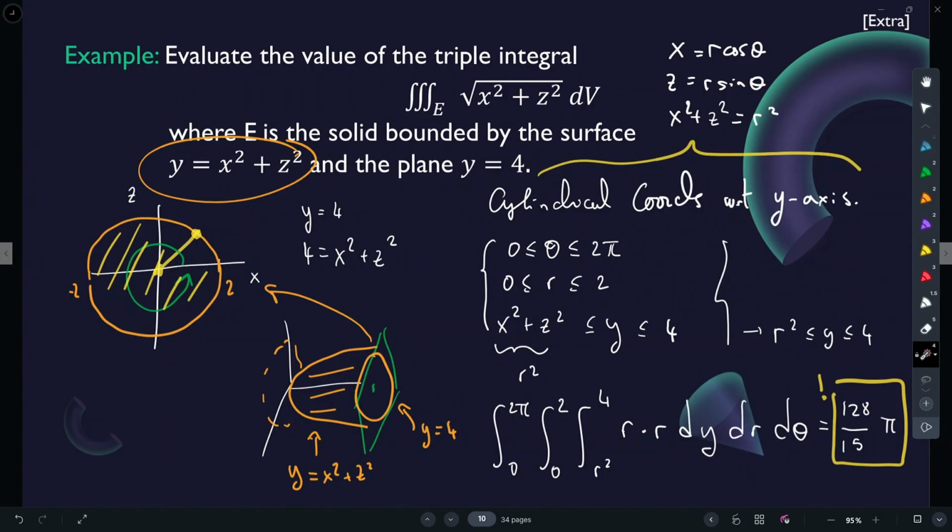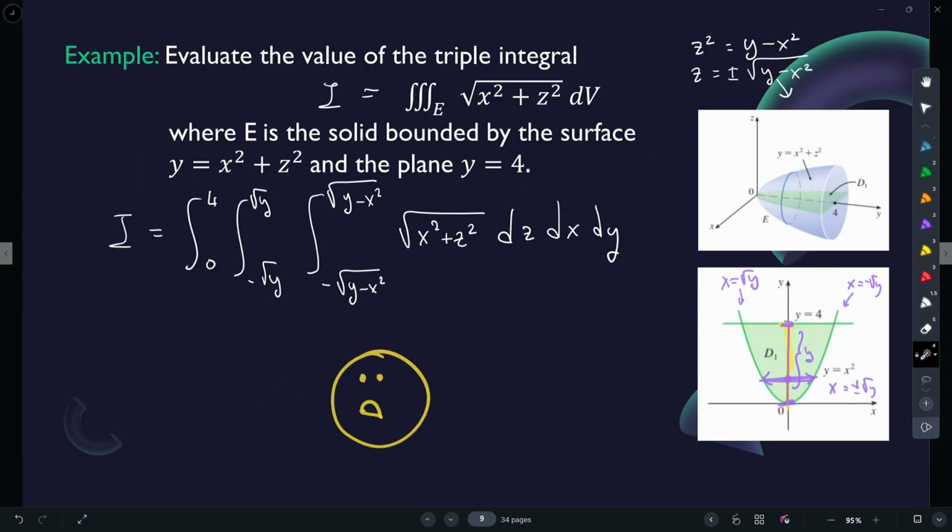But I think your question is, how did I know that y was going to be in there? It's because I am interpreting the entire object as having a rotational symmetry about the y-axis. So that is the one that I'm going to do last, because you should tilt your head 90 degrees to look at that object.